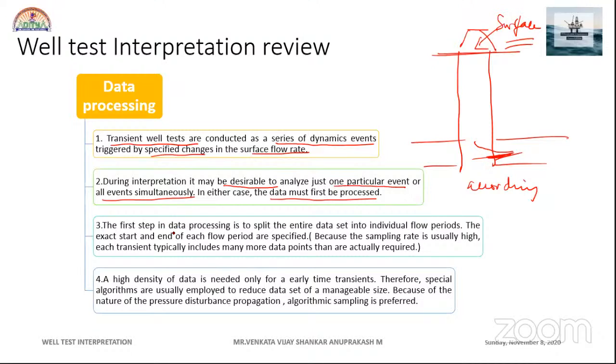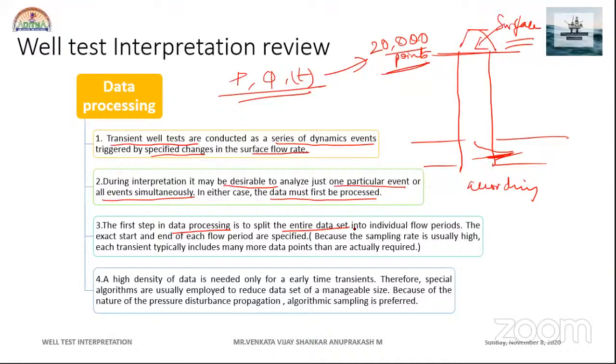The first step of data processing is to split the entire data. Generally, this data will be stored as pressure and flow rate with respect to time. You may have a number of points like 20,000 or anything, depending upon the rate at which you are recording or storing it.